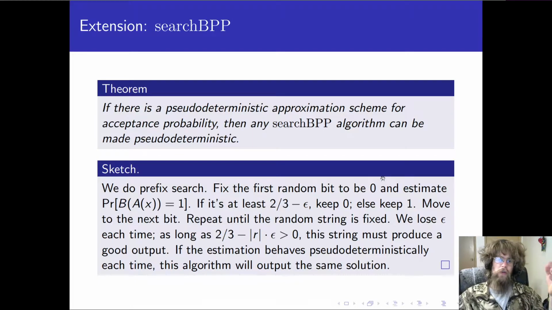So first we'll check with 0. We fix the first bit, we estimate this probability. If it's at least 2/3 minus epsilon are good, we'll keep the first bit being 0, otherwise we'll keep the first bit being 1. And epsilon is the error on our acceptance probability estimator.